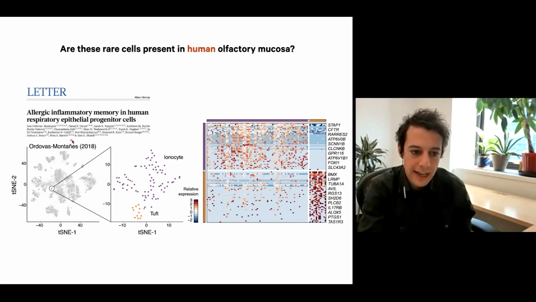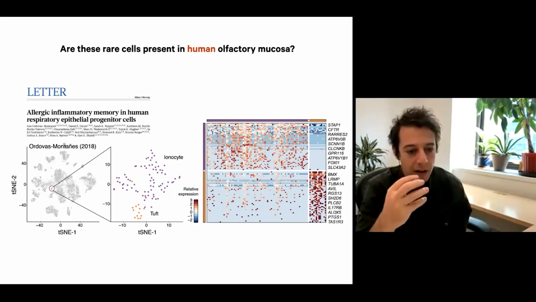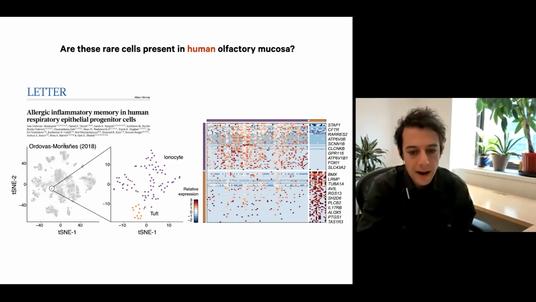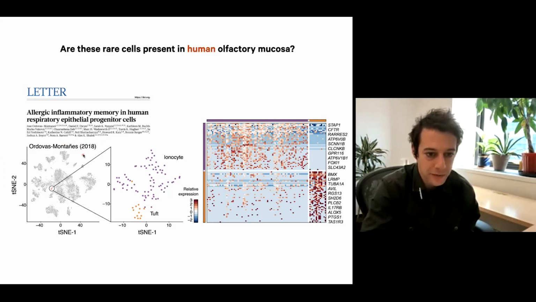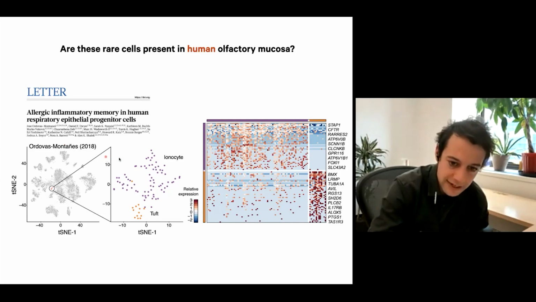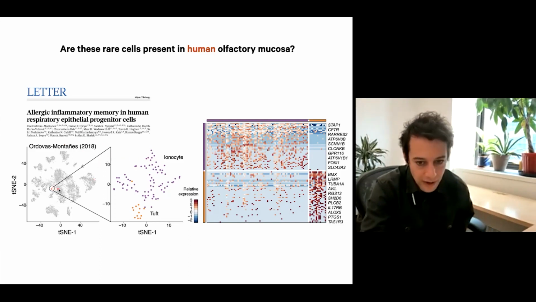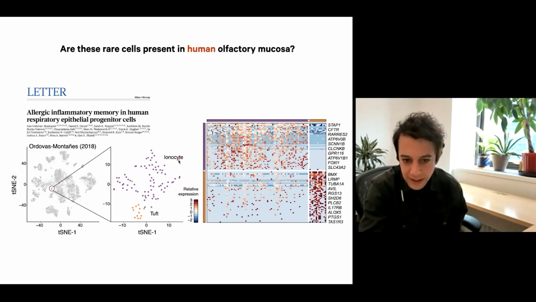They had mapped out the epithelial cells in the respiratory mucosa of human noses, but they hadn't noticed these rare cells. So we went back and reanalyzed the data, and we could confirm that they're very, very rare, but there is a population of what look like microvillus cells. And if we pull them out and analyze them separately, it does look like there are two types.